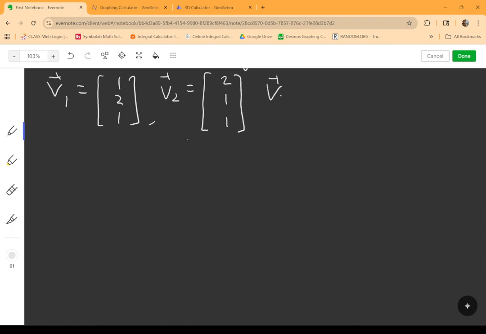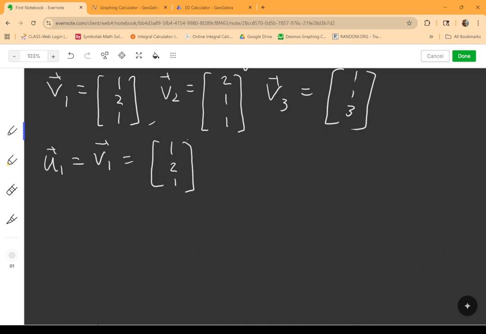And then V3 is 1, 1, 3. Okay, and I want to apply the Gram-Schmidt procedure to come up with an orthogonal set. So the first step, U1 is V1. So that one is 1, 2, 1.